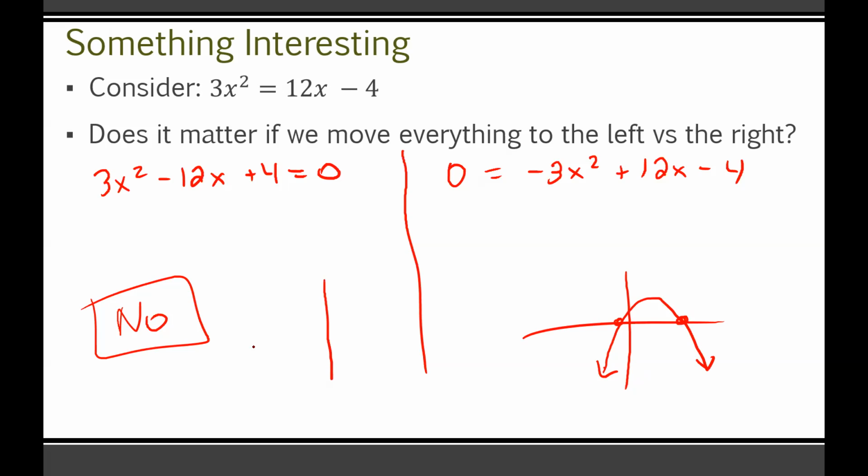The one on the left is going to be an upwards facing quadratic. I can guarantee that it's going to have the same x-intercepts, but it's just going to be flipped around like this. So the x-intercepts, also known as solutions, also known as roots, they're not going to move. Flipping this over to the other side of the equation just completely flips it upside down. That's all, right? But your solutions still remain at the exact same points that they were one way or another.